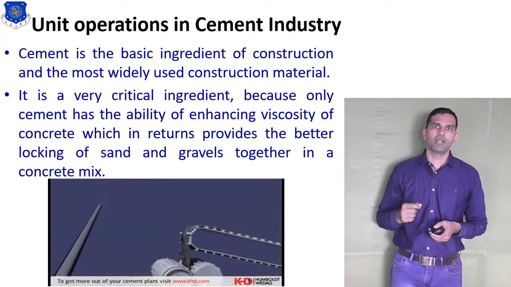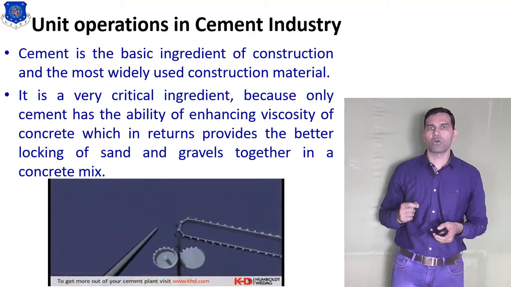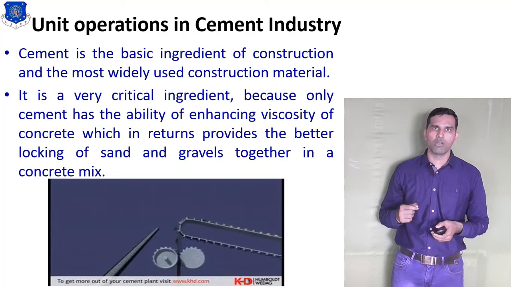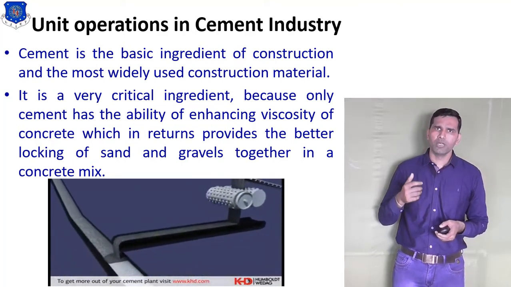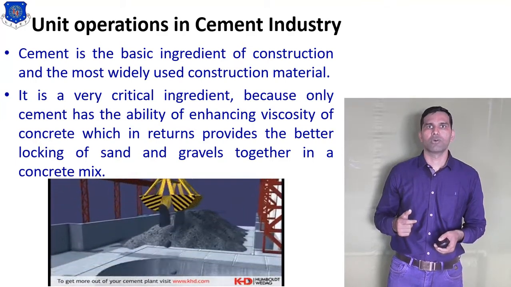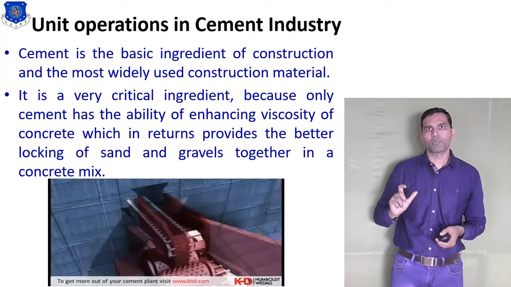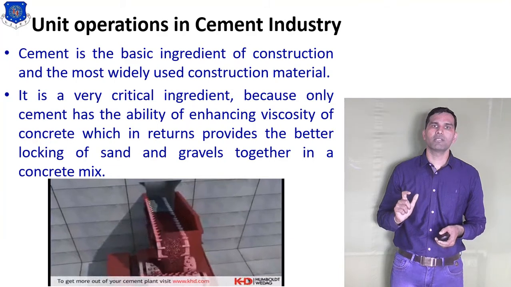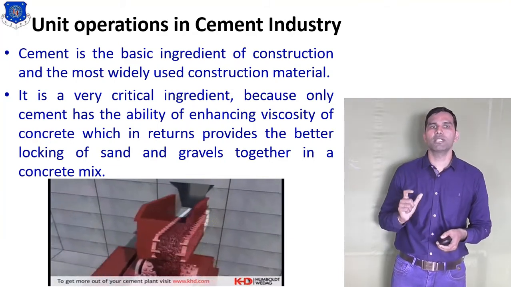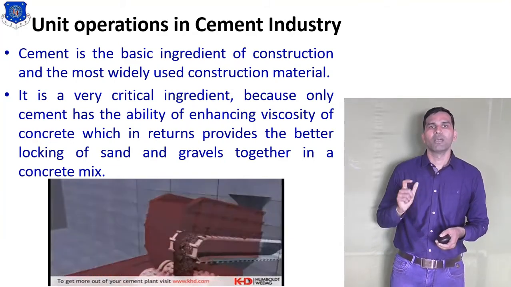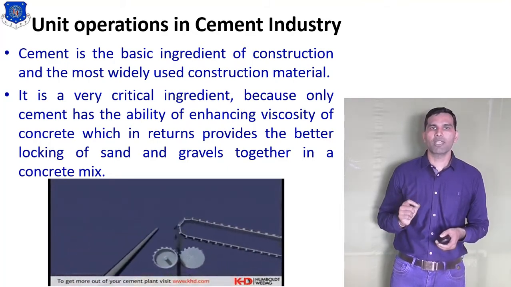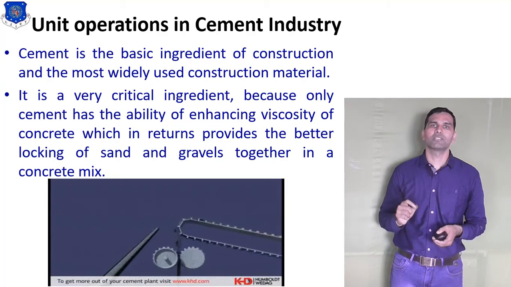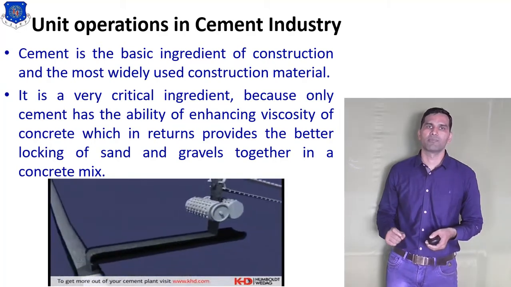In day-to-day life we see lots of manufacturing and lots of sites where cement is used. This is the unique property of cement: it enhances the viscosity of concrete, which in return provides better locking of sand. So this is the basic property of cement.